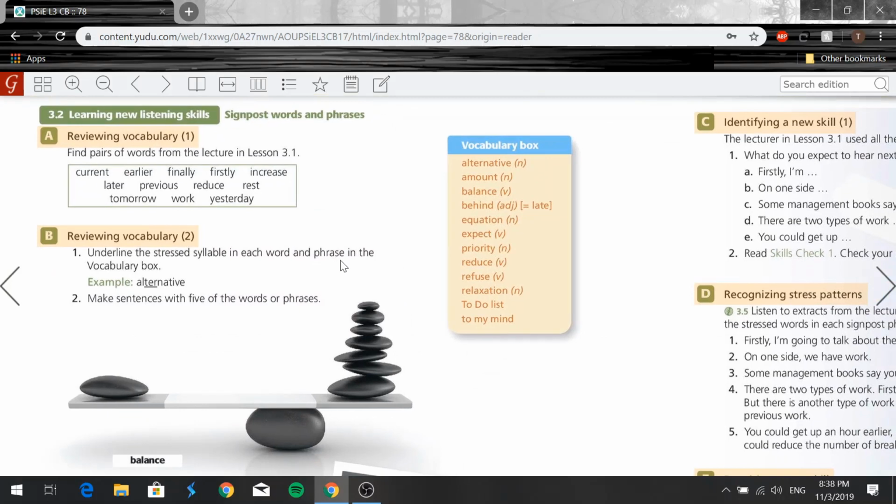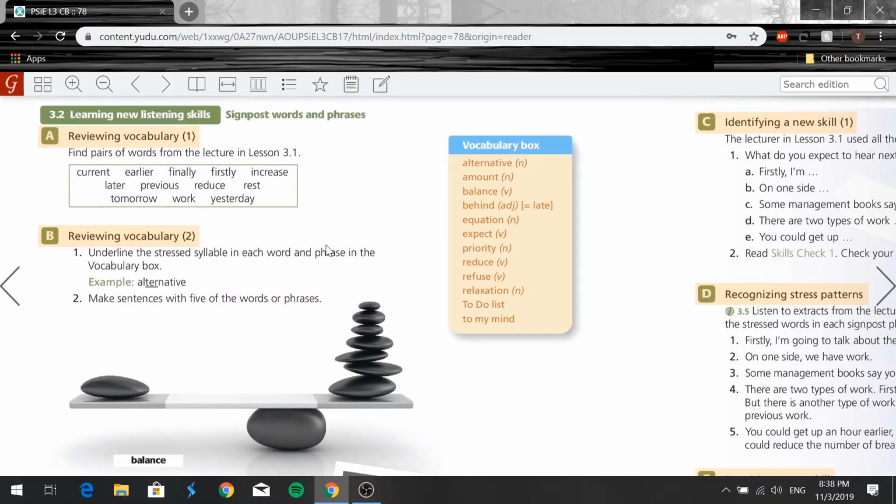Let's go to the vocab box before we go to exercise B. Here we have alternative, amount, balance, behind, equation, expect, priority, reduce, refuse, relaxation, to-do list, and to my mind.